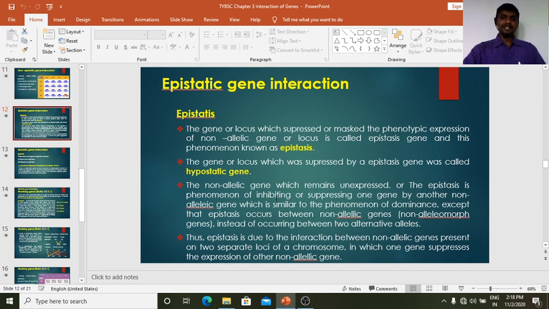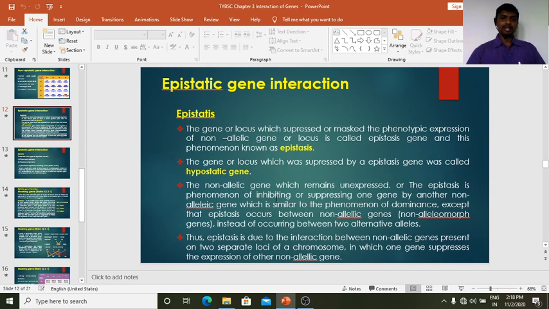Masking or suppressing the phenotypic expression of a gene by another non-allelic gene or locus is called epistasis. The gene which suppresses or masks the phenotypic expression of a non-allelic gene is called the epistatic gene, and the gene which is suppressed by the epistatic gene is called the hypostatic gene.